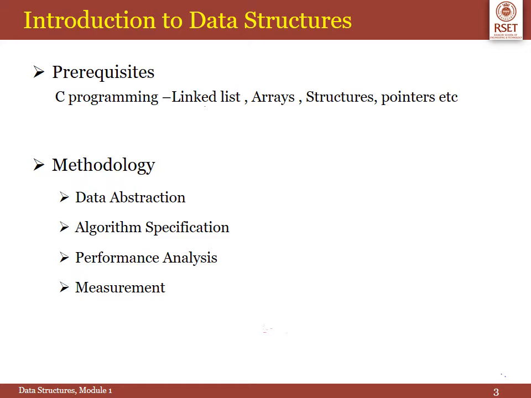Your data structures can generally be of four forms. First is linear, second is tree, third is hash, and fourth is graph.